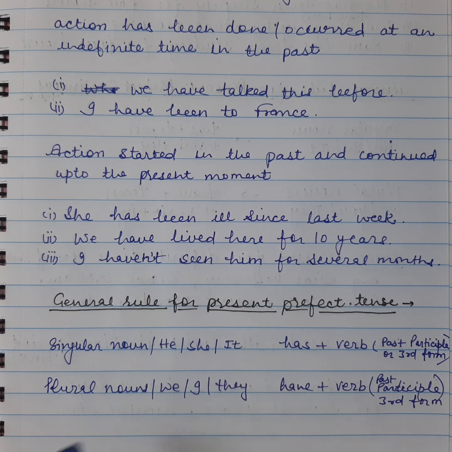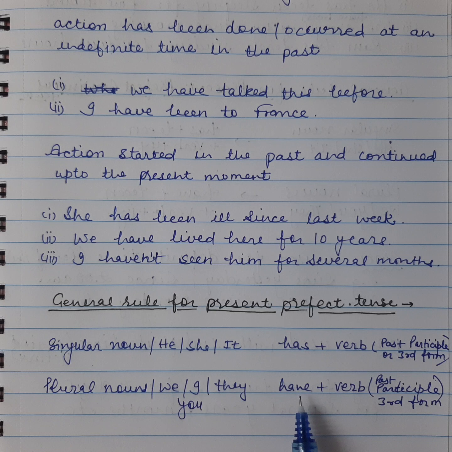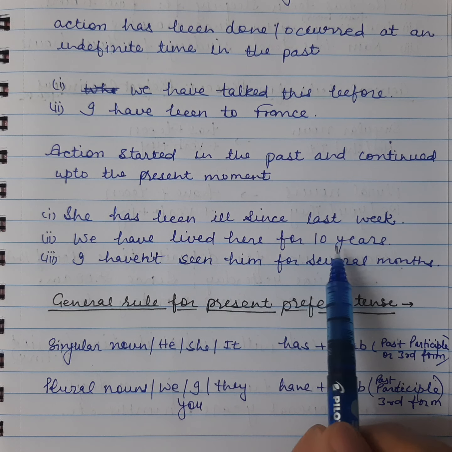Similarly, with plural nouns, or we, I, they, and you as well, we use have plus the third form or past participle of the verb. So, we have lived here for 10 years.